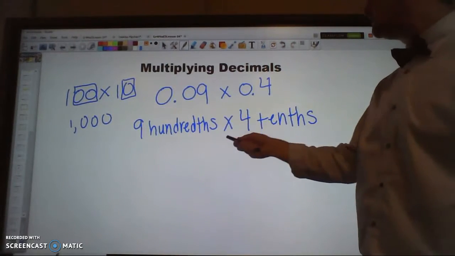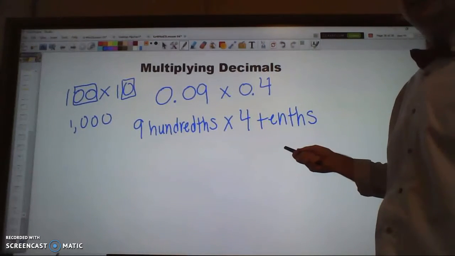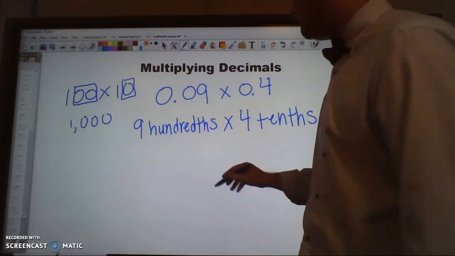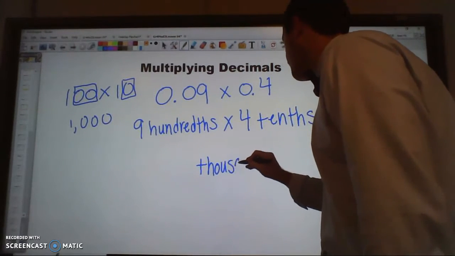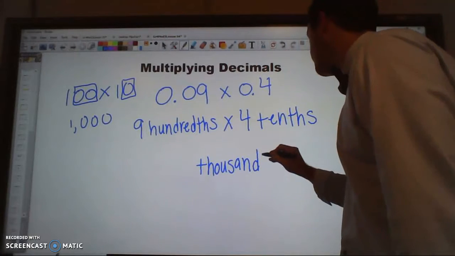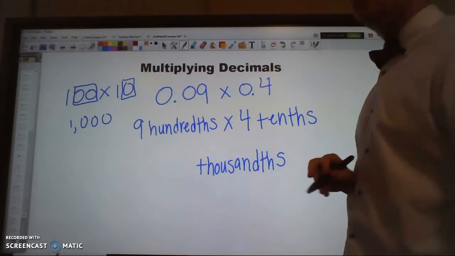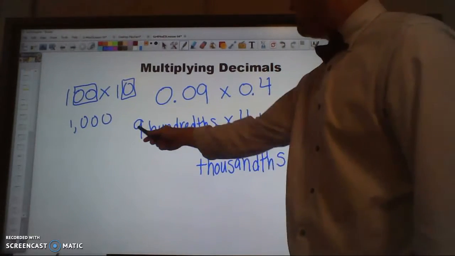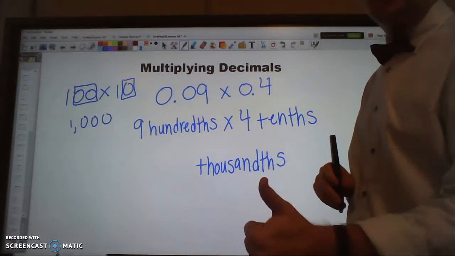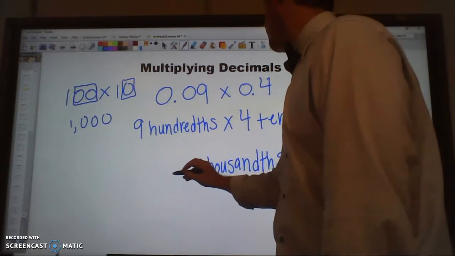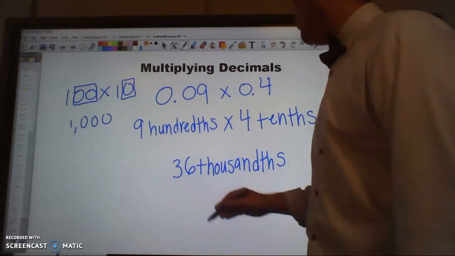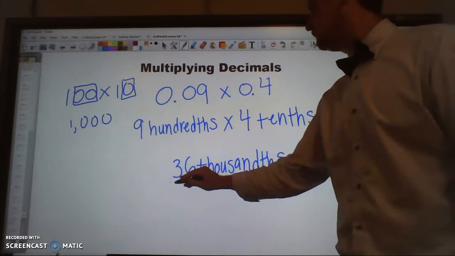So hundredths times tenths, it wouldn't be 1,000, but it would be thousandths. And now you do your basic fact. 9 times 4, 9, 18, 27, 36. So our answer is 36 thousandths.